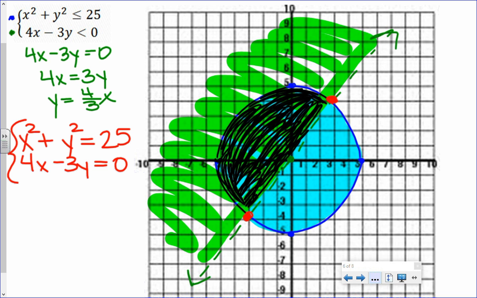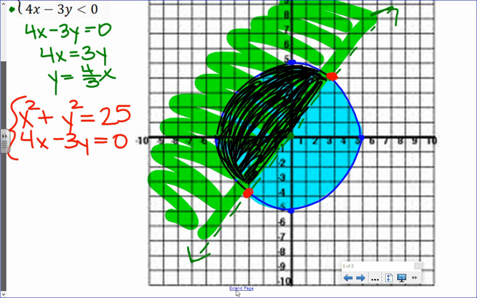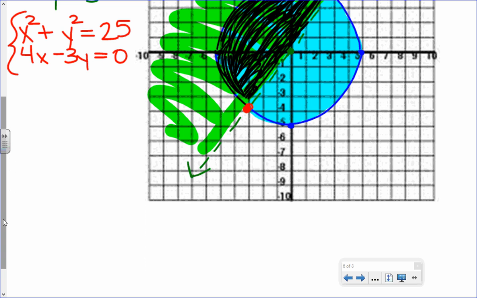So, let's just practice those algebra skills since we have some time. If I wanted to figure out this intersection point, what would be a good strategy? Substitution. So we already wrote up there that y equals 4/3 x.